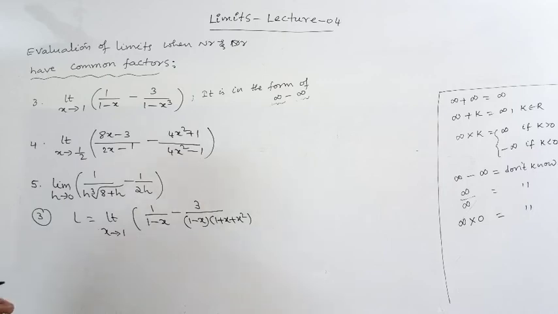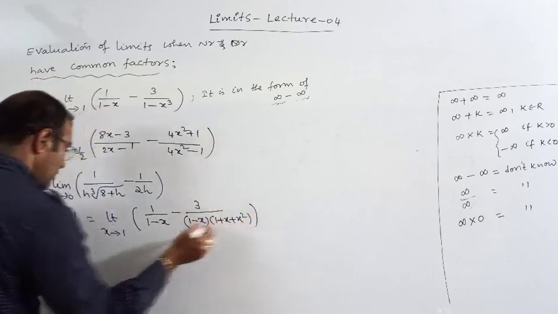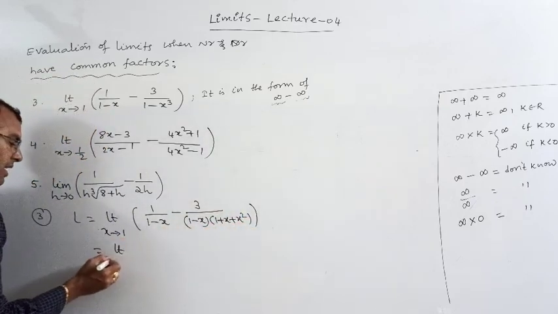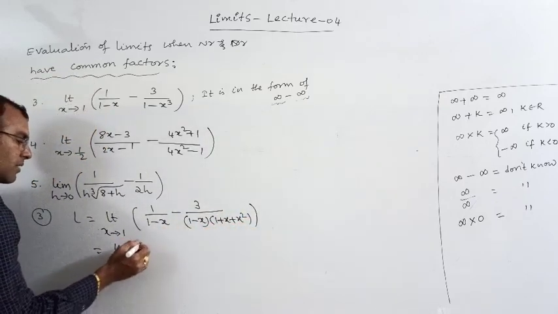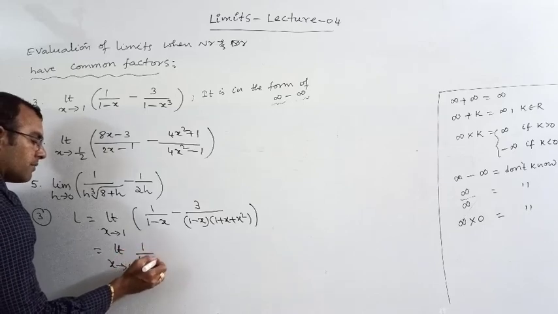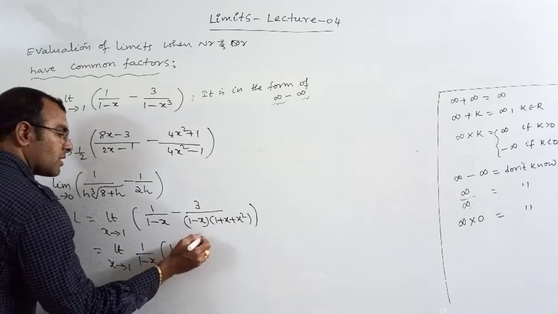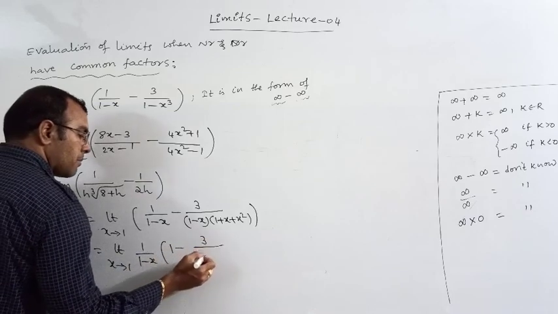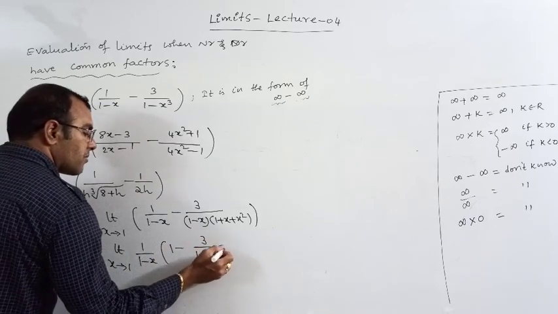So this you will get limit x tends to 1. You take that 1 by 1 minus x out. Then 1 minus 3 by 1 plus x square.